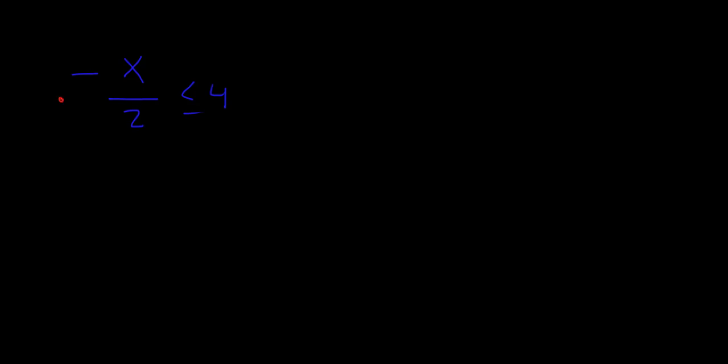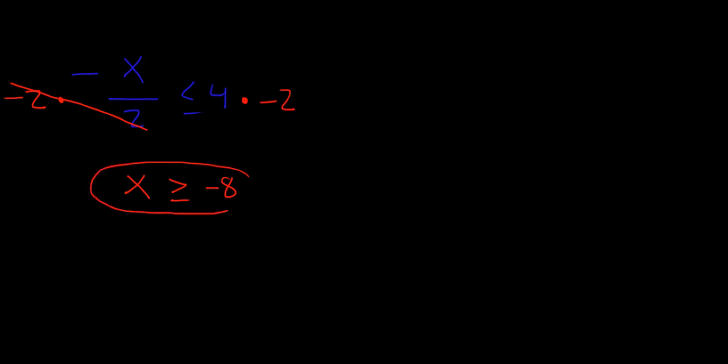So I'm going to go ahead and multiply by negative 2 in order to get rid of this negative sign to get x by itself. And then multiply the opposite side by negative 2. Inverse operation of division is multiplication. So x is now going to be greater than or equal to negative 8. 4 times negative 2 is negative 8. Once again, I had to go ahead and flip the sign because I am multiplying by a negative number.